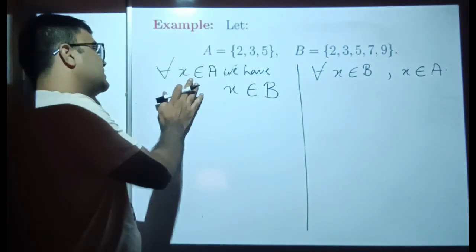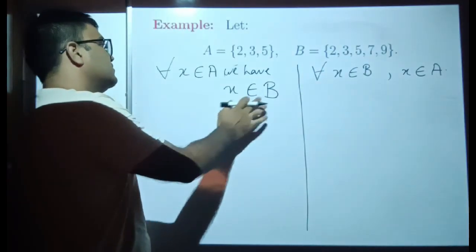When I am talking about the first statement, for all x belongs to A, we have x belongs to B, I have to check this.